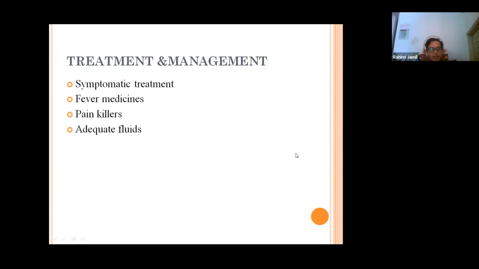For the treatment and management, usually we will only treat the symptoms. We will give over-the-counter medicine to relieve the fever and pain. The recommended medicines we can give are ibuprofen and acetaminophen, and lastly, give adequate fluid.